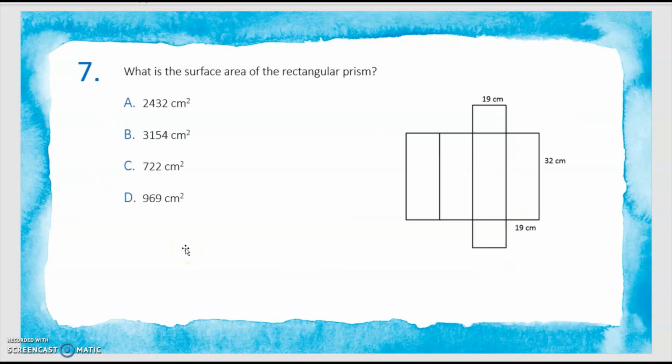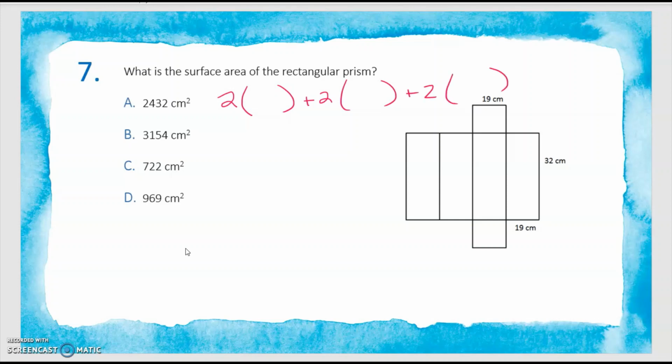Number 7, okay, the surface area. Now, this can be very confusing. What I want you to do is use the formula where you do 2 times 2 of the sides plus 2 times 2 of the sides plus 2 times 2 of the sides.